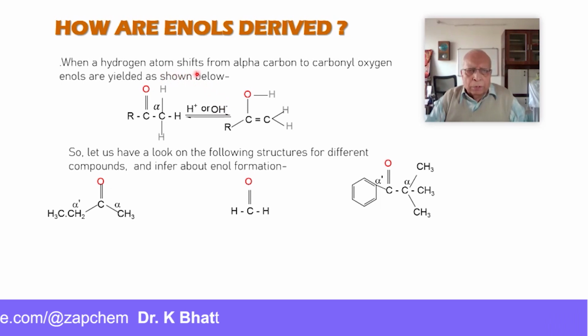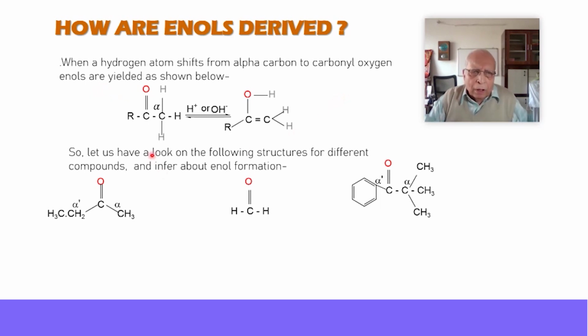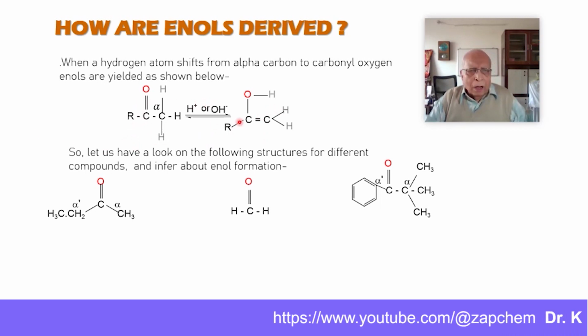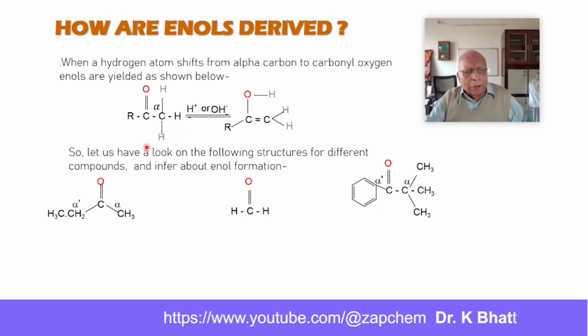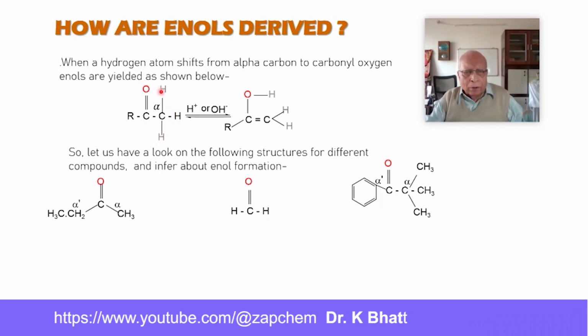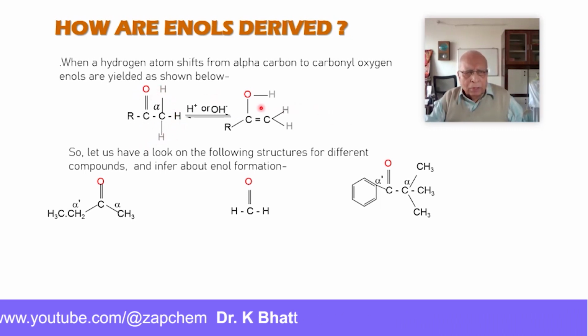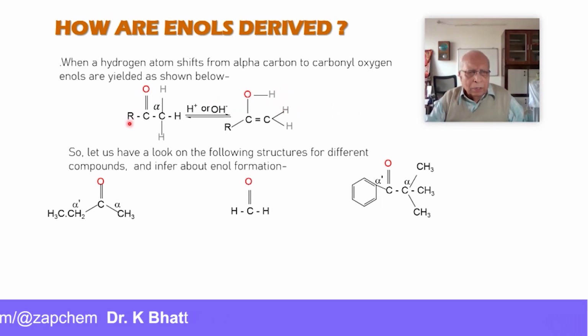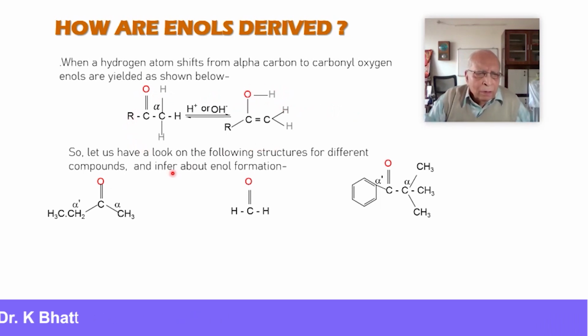So here you get OH, and any of the hydrogens can be regarded as alpha hydrogen. In this case, it is OH, isn't it? And so that's how enols are derived.